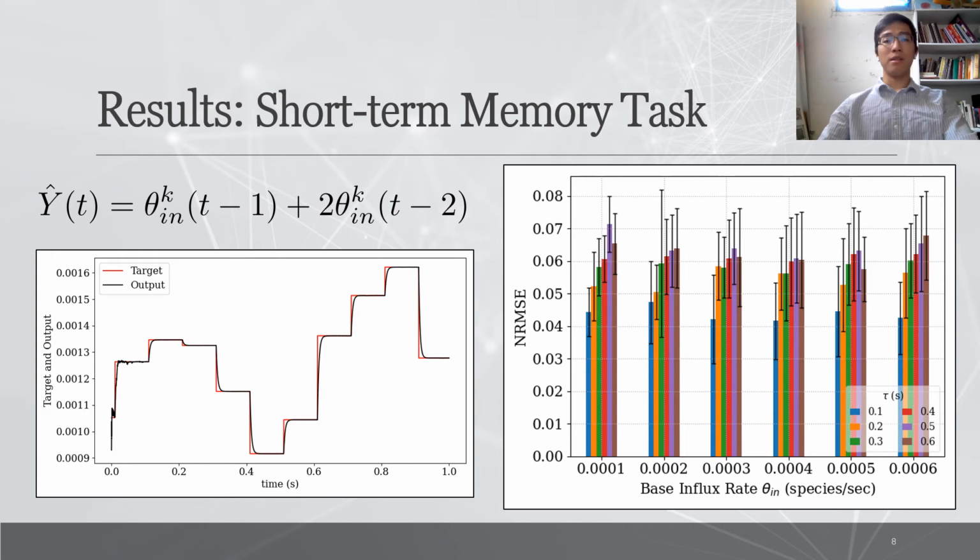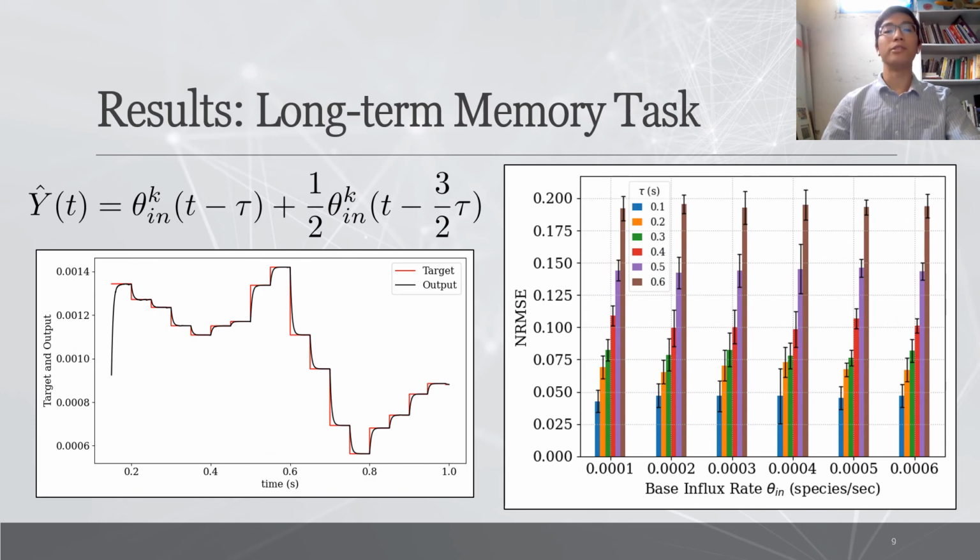For each experiment, we also investigate how the base influx rate and the input hold time tau affect the error. It appears that the base influx rate doesn't have an effect on the performance of the reservoir computer, whereas a better input hold time tau of 1 second, which is equivalent to more input applied to the chemistry, is more favorable for better performance.